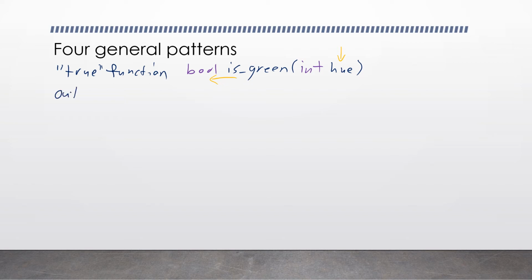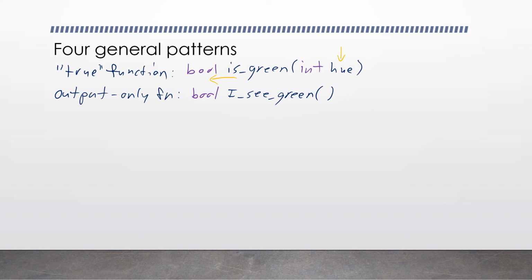You can have an output only function in C++. This might have Boolean I see green, which doesn't have any input parameters. This you might use if you're, say, writing a robot that's supposed to scan the room to determine when it finds a green place to stop on.